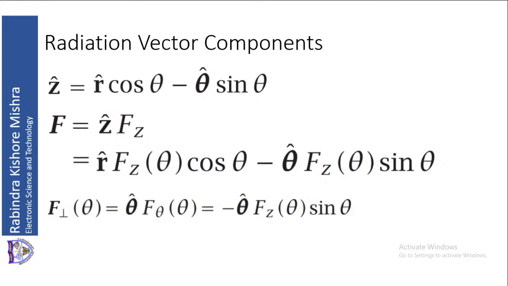Now compare this with F. So theta cap F theta is equal to minus theta cap Fz sin theta, from which we can say that F theta is equal to minus Fz theta sin theta. So F perpendicular is F theta, and F theta is equal to minus Fz sin theta. Fz is a function of theta.